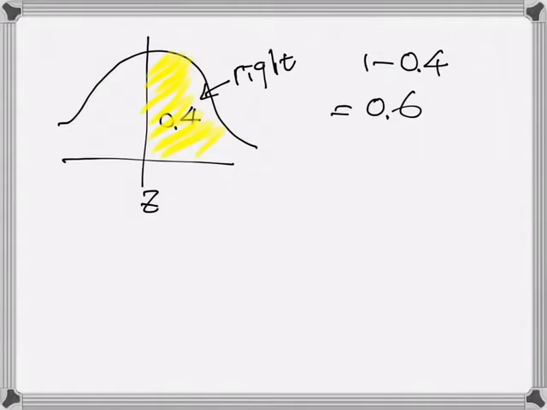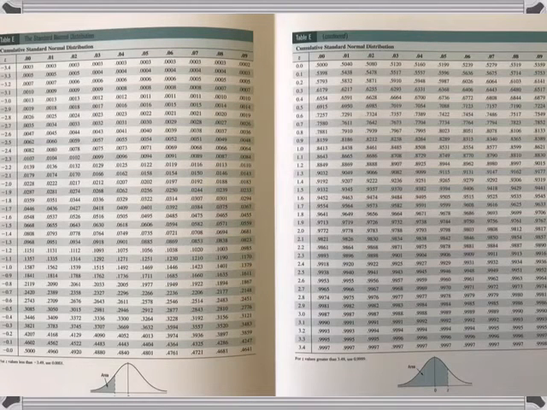So this time we want to find out what Z is equal to. Let's go to the table. Let's load up the table again. We want to find out which number is close to 0.6.